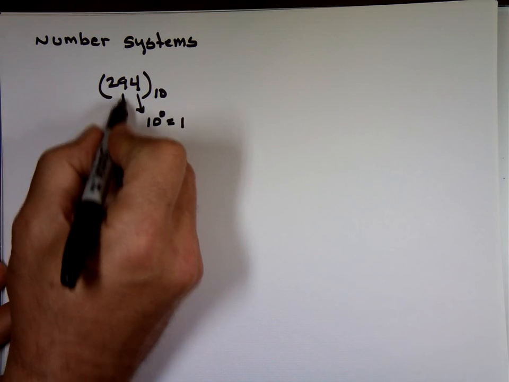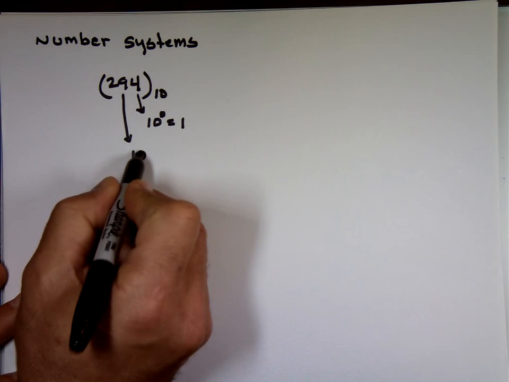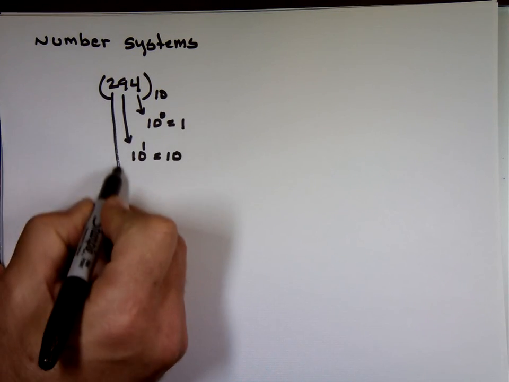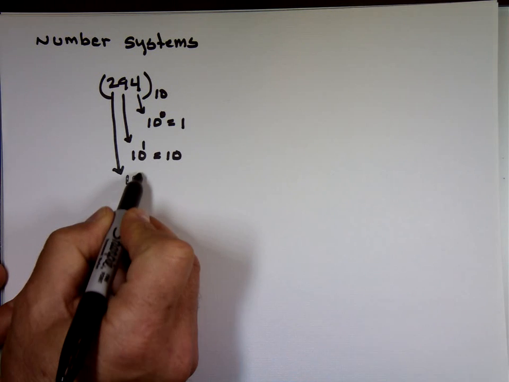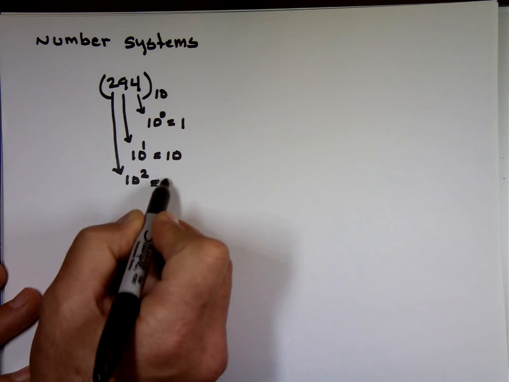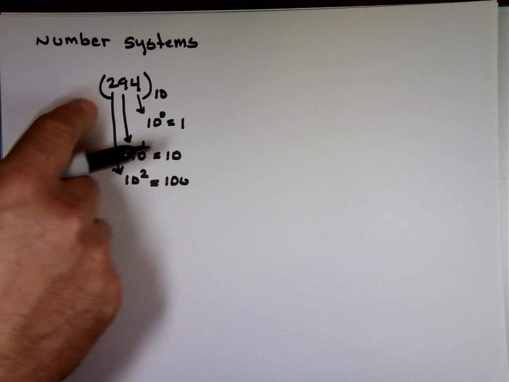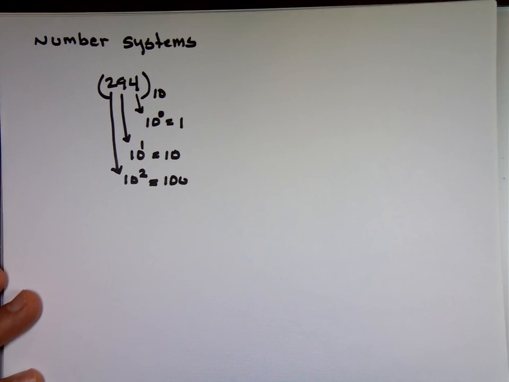The weight of this location is what? 10 to the first, which is 10. The weight of this location is what? 10 to the second, which is what? 100. That's why we call them the ones, the tens, the hundreds, and the next one is what?